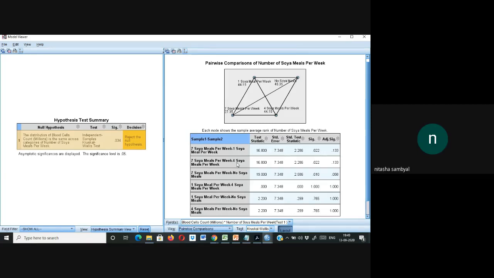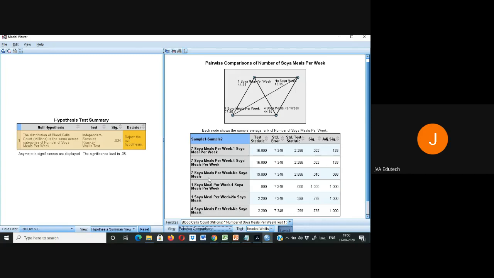Yes, sir. So in all the cases, you can say there won't exist any significant difference among these groups. I'm talking about these comparisons right now. So if you see the comparison groups, there won't exist any significant difference among these groups except this group. This group is different from the rest of the three groups.